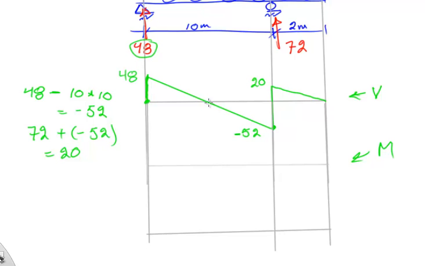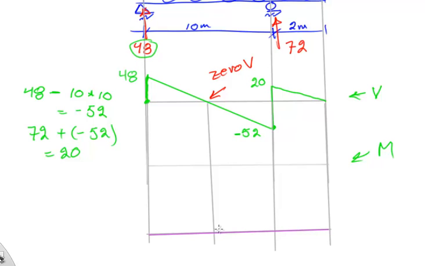Now I have another point I have to take care of, which is this point right here. And if you remember this point right here, this point is the 0 V, which is the maximum moment. Okay, so let's do this in purple, and let's do this line like that.